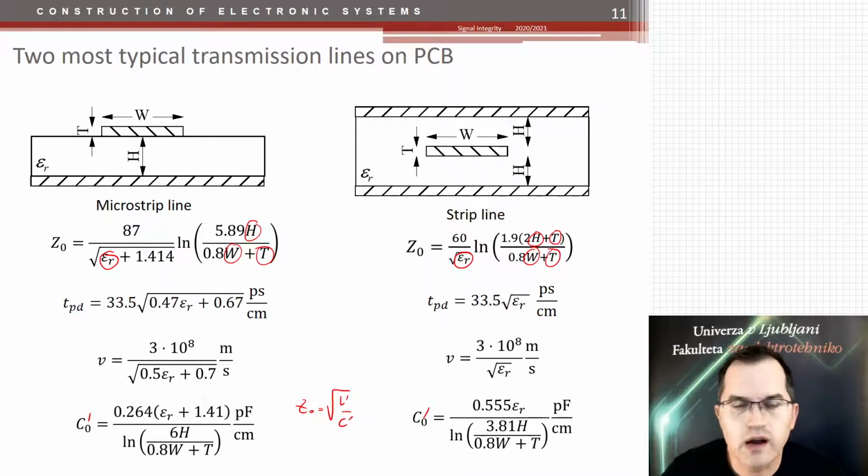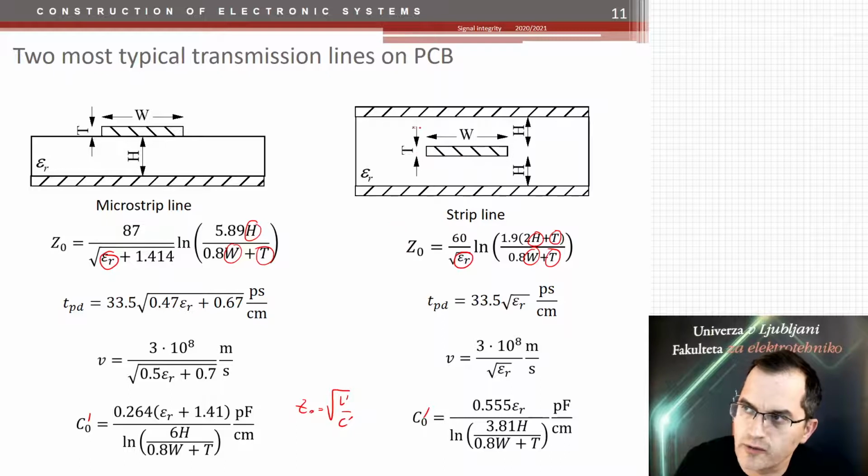So I told you before that the propagation speed of the electromagnetic wave in a homogeneous medium would be just the speed of light over the square root of epsilon relative. So here it's quite obvious, but here it's not. Why? Because there is some field present also in the air. And here is the epsilon relative.